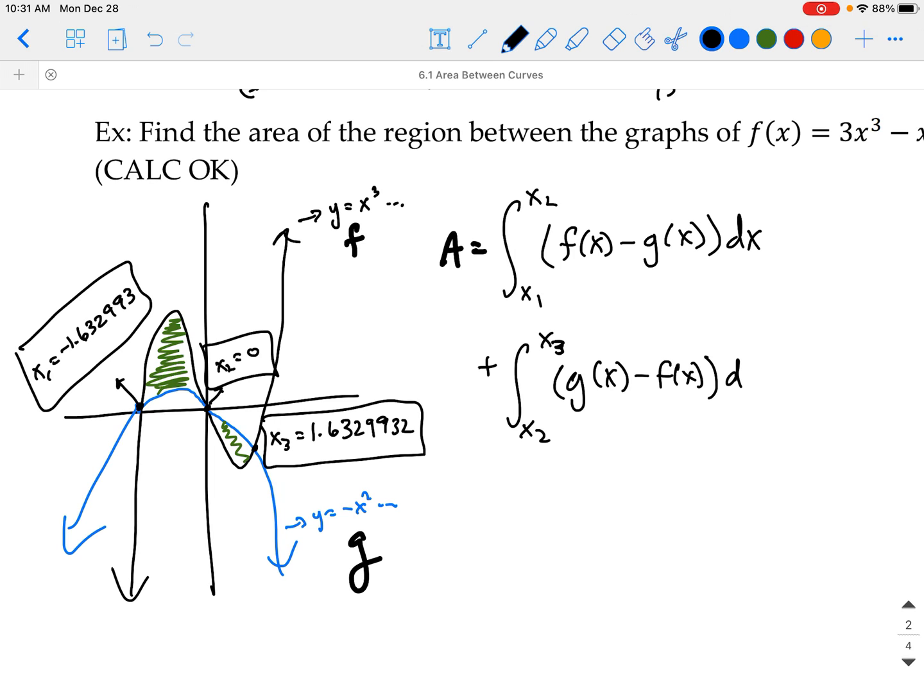And because this is a calculator accessible problem, that's all we really need to write, and then we just need to actually compute the integrals. So let's go ahead and jump out. So there's f and g.